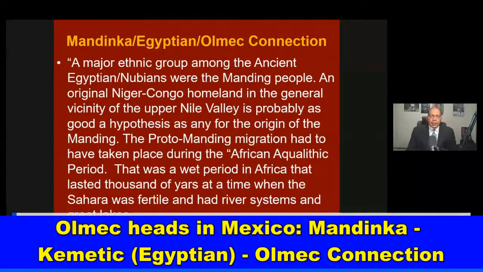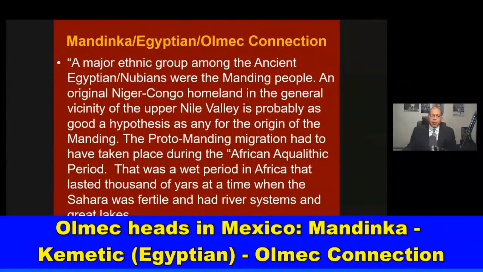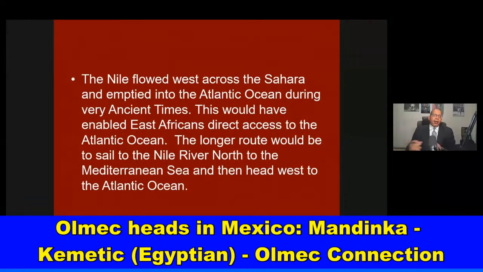The Proto-Manding migration had to have taken place during the African Aqualithic period. That was a wet period in Africa that lasted thousands of years at a time when the Sahara was fertile and had river systems and Great Lakes. The Nile flowed west across the Sahara and emptied into the Atlantic Ocean during very ancient times.